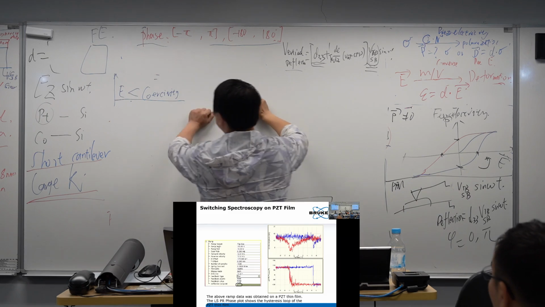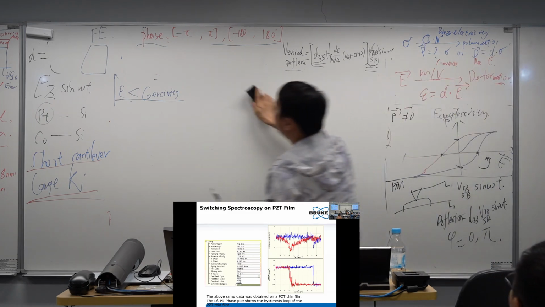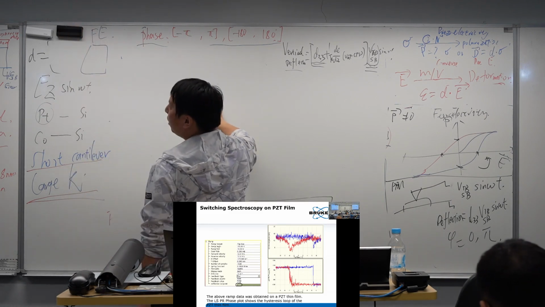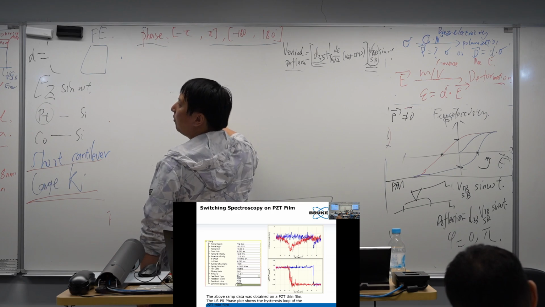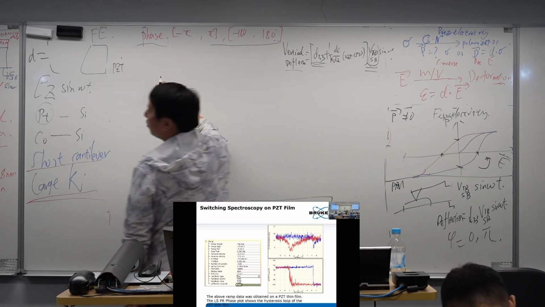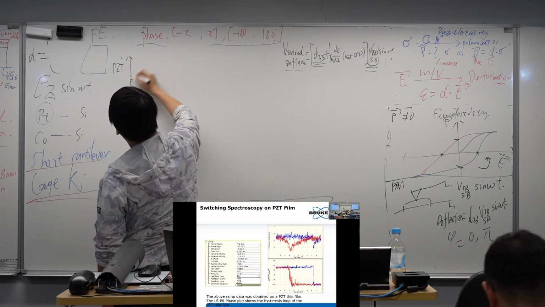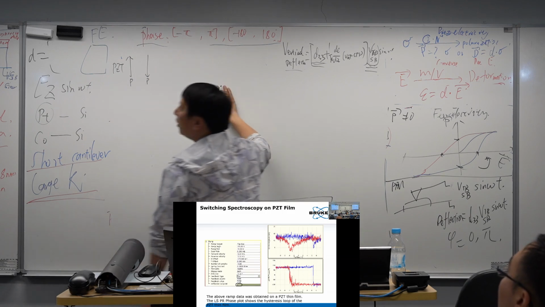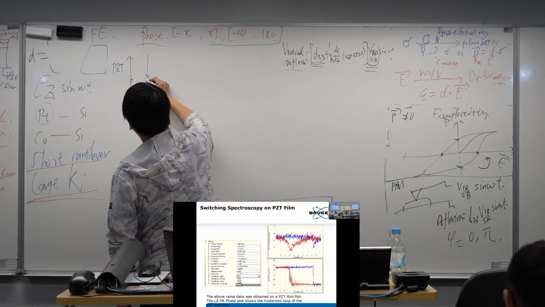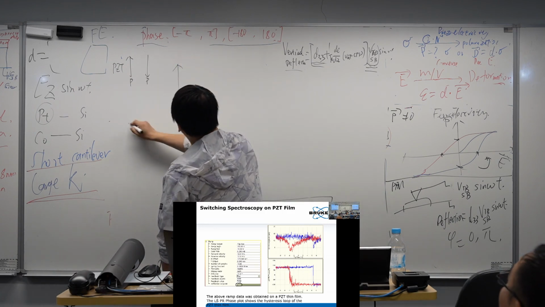Okay, so let me remove this one too. We use the same story we had in the morning. We would have the PZT, with two types, facing up and facing down, and we have graphs.